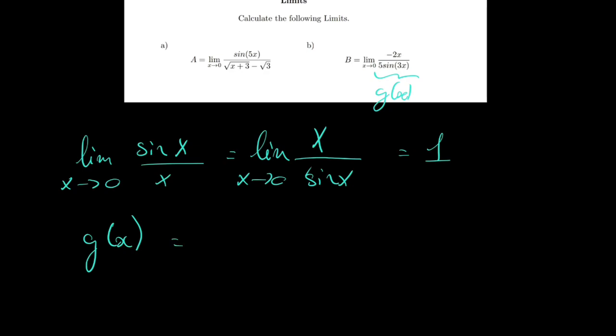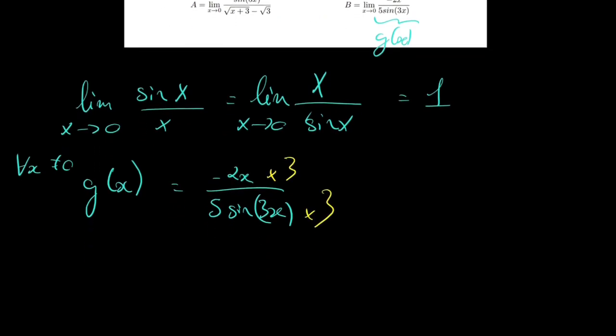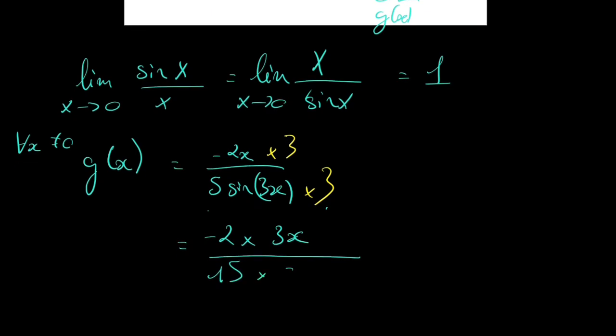G of x is equal to what? Of course, for all x different from 0, this is equal to minus 2x over 5 sinus of 3x. We will want to make appear a 3 at the top and at the bottom, so times 3 over 3. And this thing is equal to, we keep the minus 2 here, times 3x over 3 times 5, which is 15, times sinus of 3x.